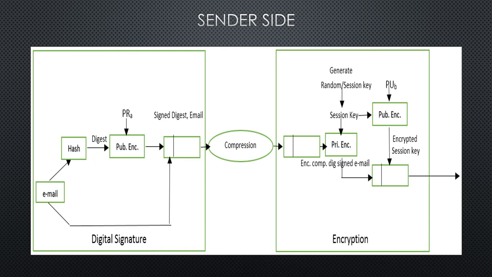For this, we will first generate the secret key for IDEA. This key and the output of compression step will act as input to the DES encryption algorithm, which will provide us an encrypted output. Since email is encrypted using secret key, it also has to be sent to receiver.